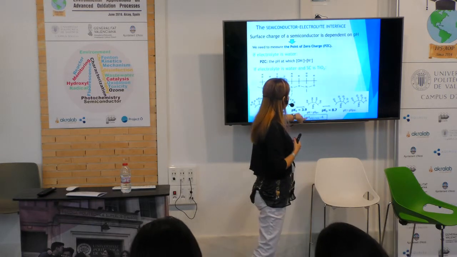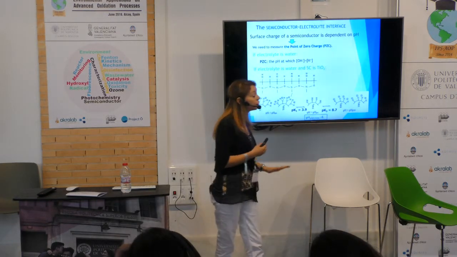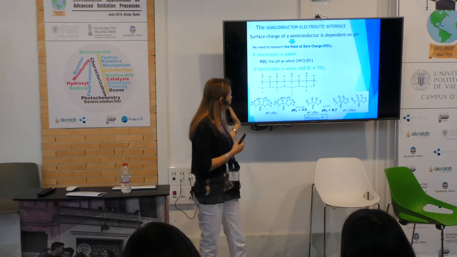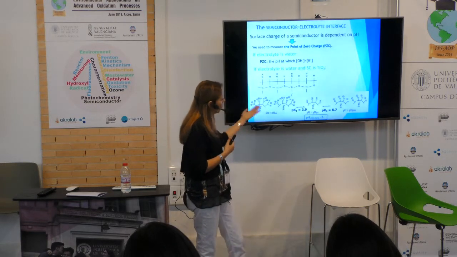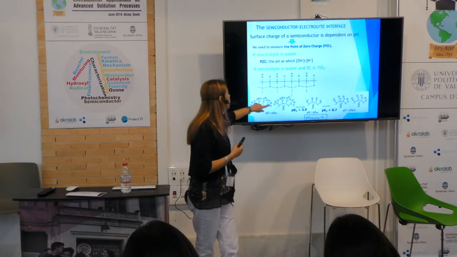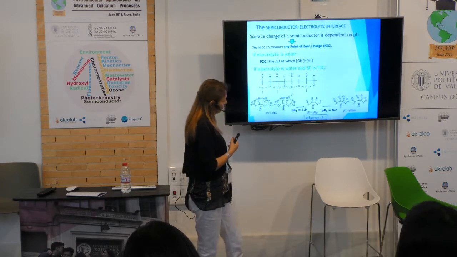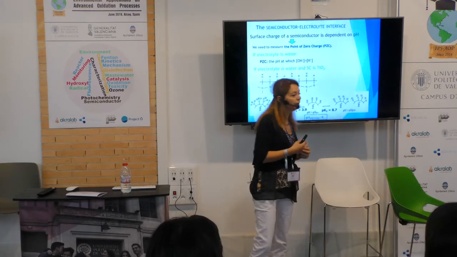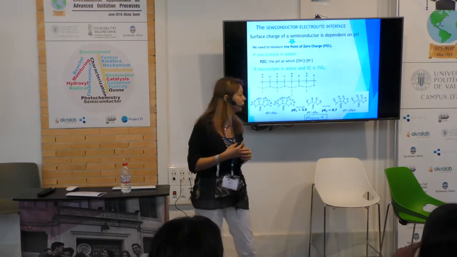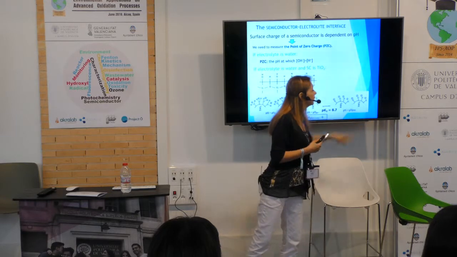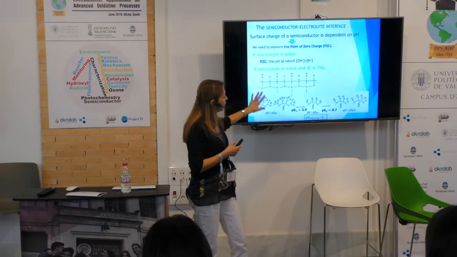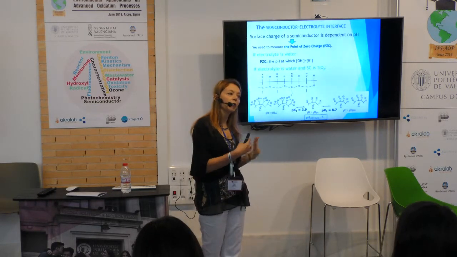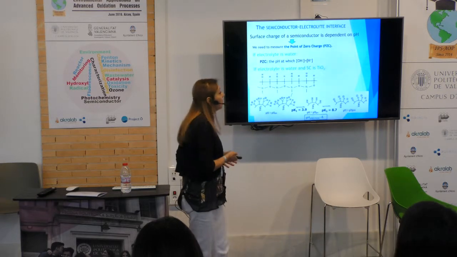It means that in this range it is neutral, while if you move to a pH lower than the point of zero charge, we have an accumulation of positive charge. And the opposite, if we are at a pH higher than the point of zero charge, the surface is negatively charged.